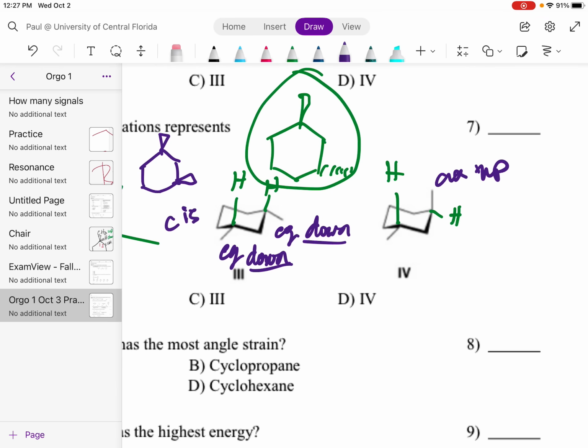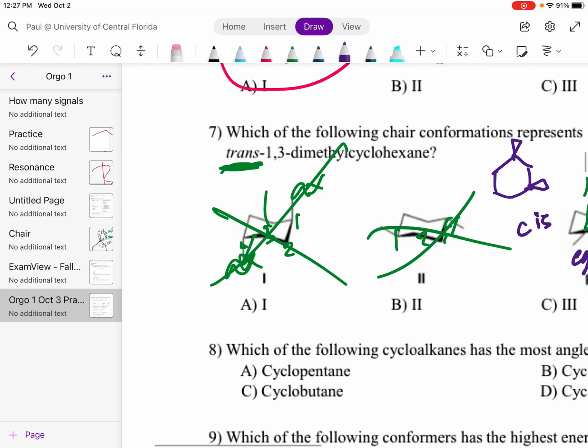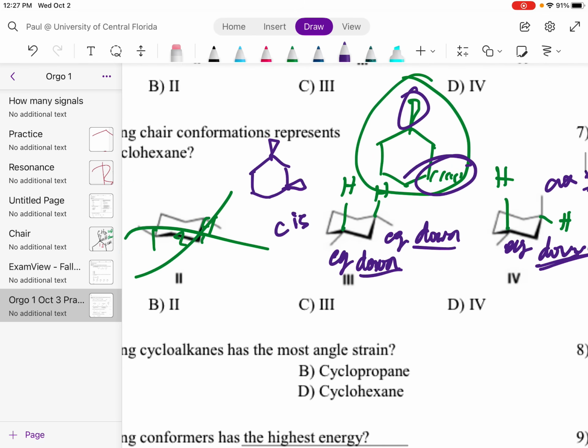And then this equatorial bond here is down. Because we have one up, one down, that means they're trans, because one of the up carbon will be the wedge, and the down carbon will be the dash. So question 7, the correct answer is D.